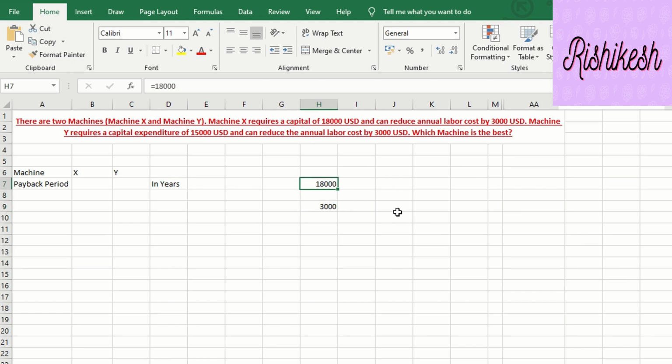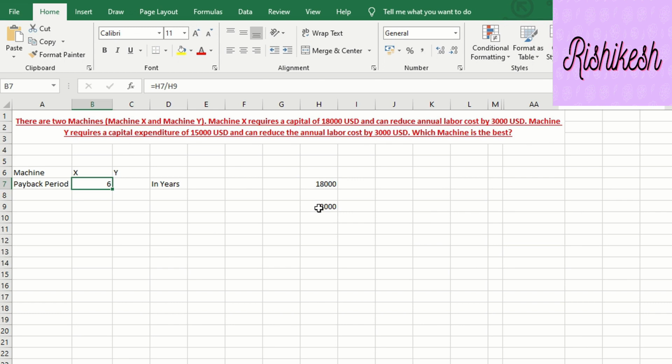In how much time can you recover this 18,000? That will give you the payback period for machine X. Can I say that I can recover this 18,000 divided by the annual inflow that I'm getting, that will come out to be 6 years.